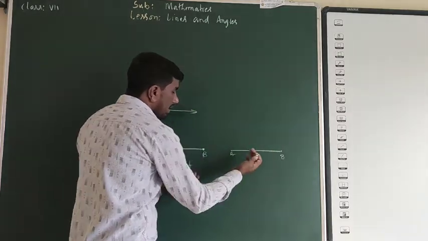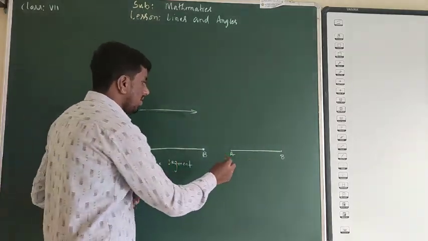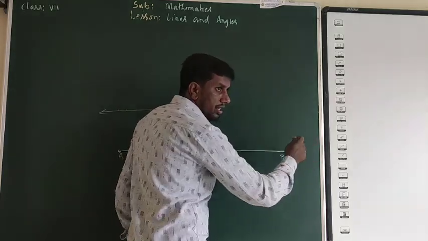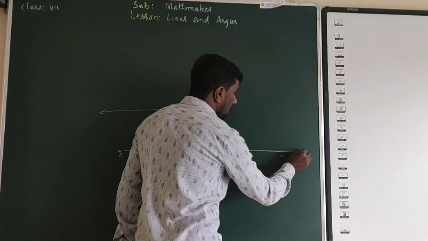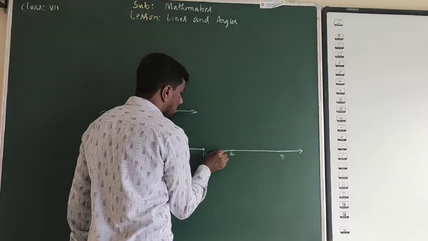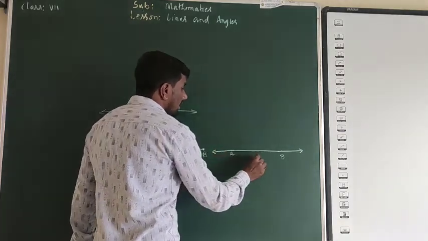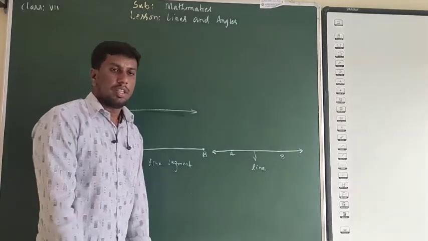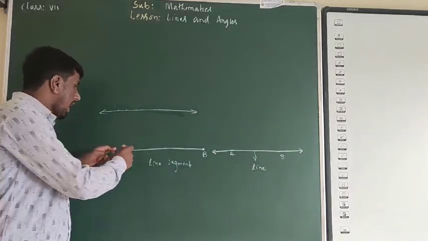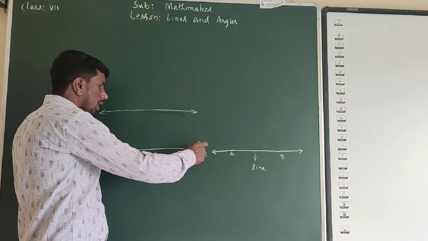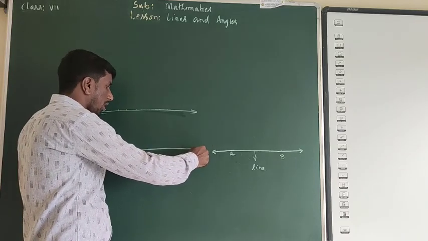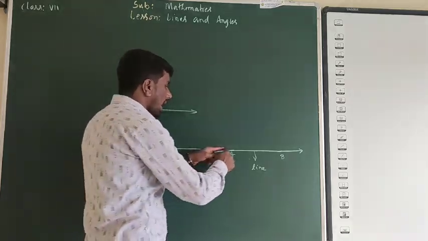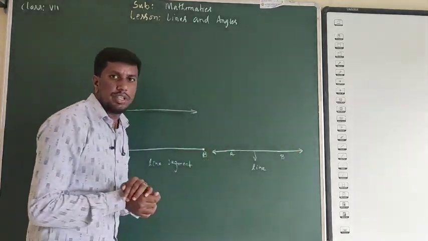If it is extended endlessly on both sides, it doesn't have any end, then that is a line. That means a line segment has both endpoints, the starting point and the ending point, whereas a line doesn't have any endpoint.